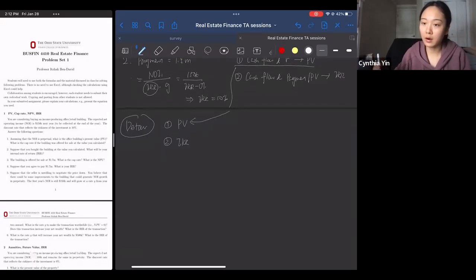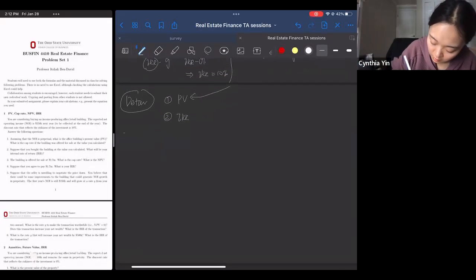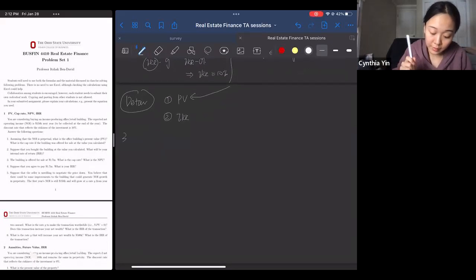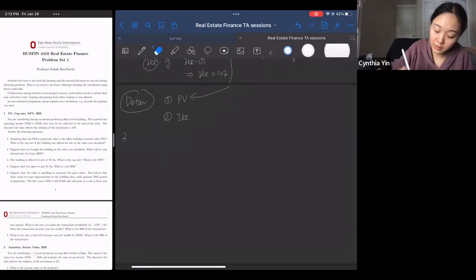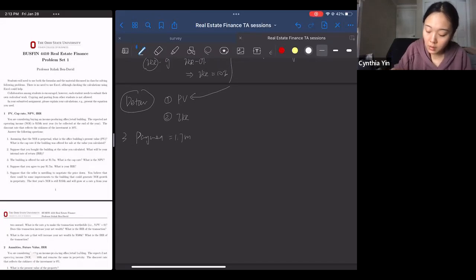When the IRR is different from the market one, it's most of the time driven by your current valuation of the project. Let's see more details. In small question 3, it says the building is offered for sale at 1.7 million. In other words, you pay 1.7 million for this building. Then what is the cap rate?